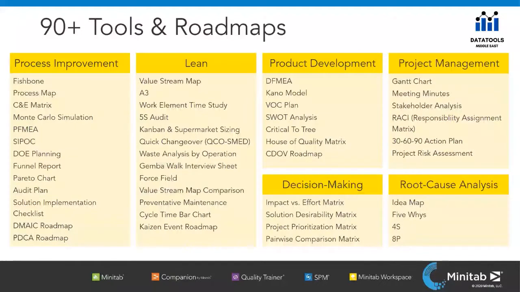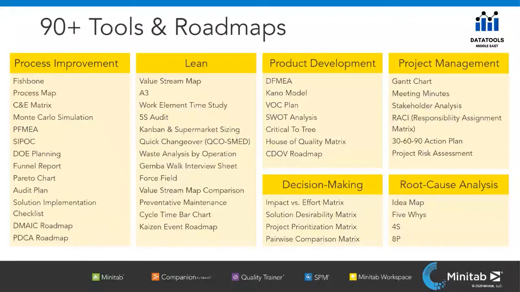And then on the right hand side, you can see one of the headers as product development. So there are product development tools for R&D, for new product development, Kano models, VOC voice of customer plan. Then we have SWOT analysis, critical tree, and then CDOV roadmaps, which is concept, design, optimize, and verify.